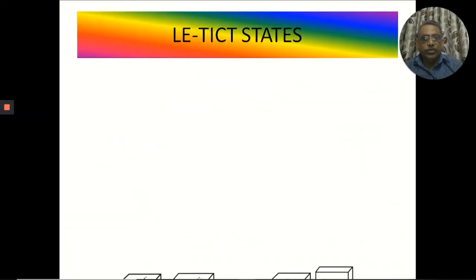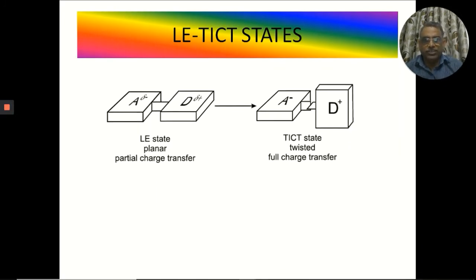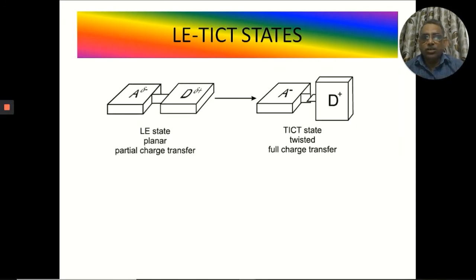Immediately after excitation, the absorption of a photon leads to what is called the LE state, which is a Franck-Condon state where you see a partial charge transfer happening. When there is a rotation, the donor orbitals, the unpaired or non-bonding electron orbitals, become parallel with the pi ring system, and that pushes all the charge transfer towards the acceptor.